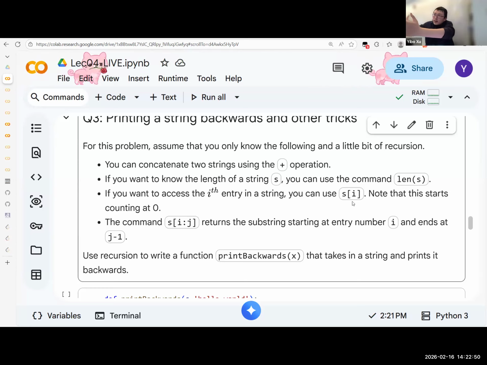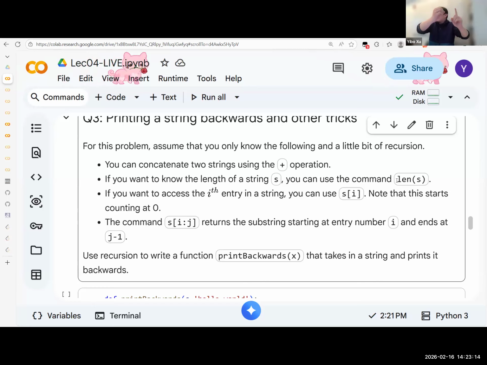Or I put the first element at the end, and for the remainder, I do the recursion and add it up front. So these are two approaches. Remember, the index starts from 0 and ends at this number minus 1. That's the nature of Python indexing.